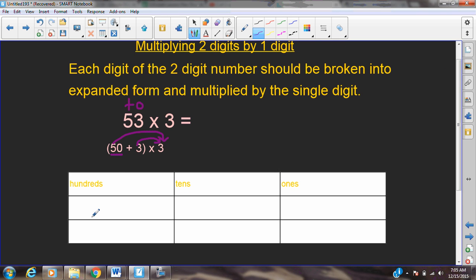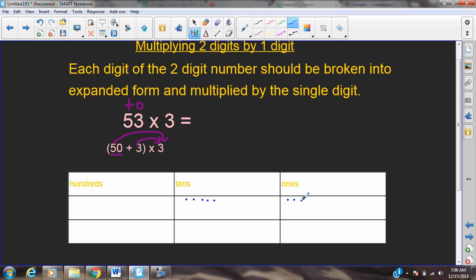So you take what you have here, 53, and I'm going to draw it in the place value chart for you today. So I have 5 tens, and I have 3 ones, 1, 2, and 3. And I'm going to multiply both of those by 3.